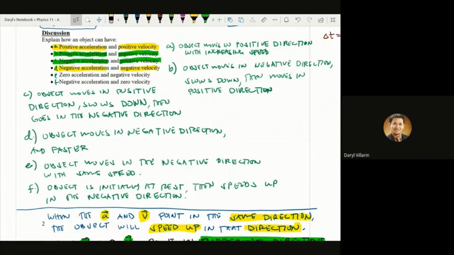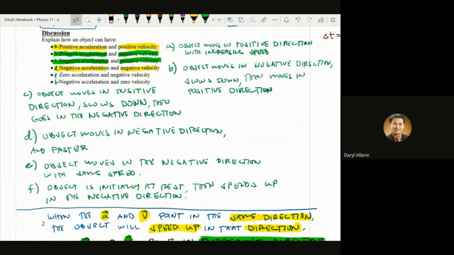So positive velocity tells you that the object is moving in the positive direction. But since there is a negative acceleration, in this particular case it denotes that the velocity is decreasing in magnitude until, if you can see in the graph, it reaches zero. So in that particular case, it stops.